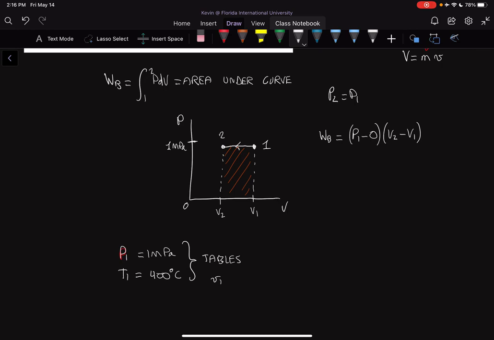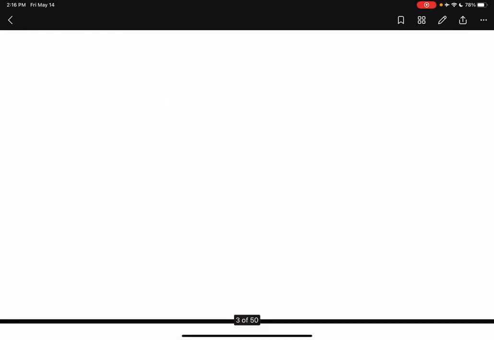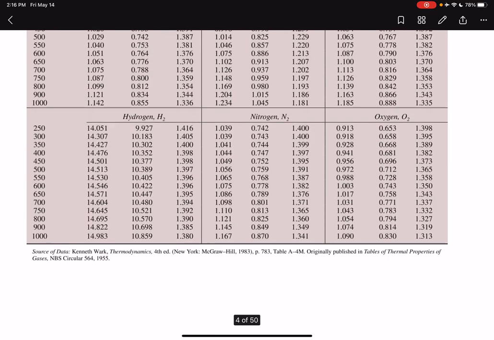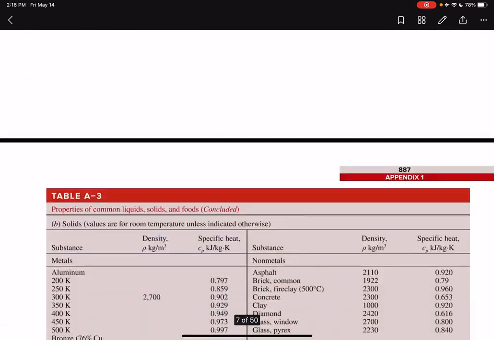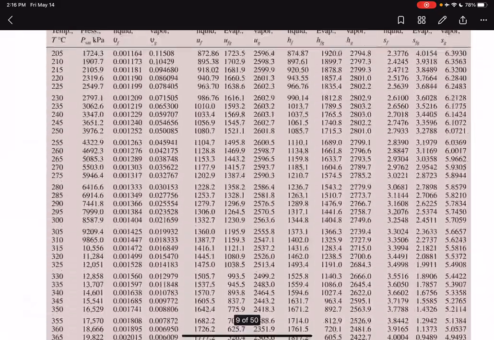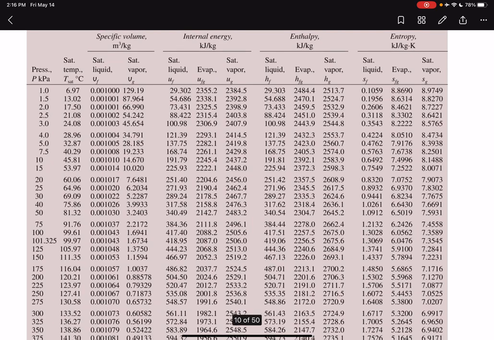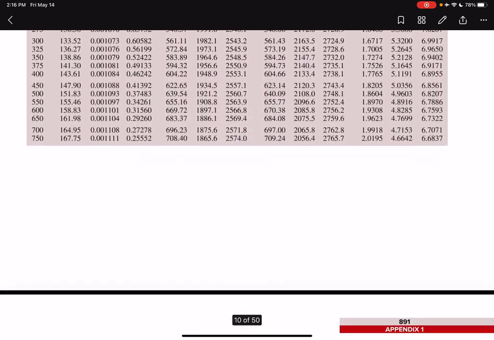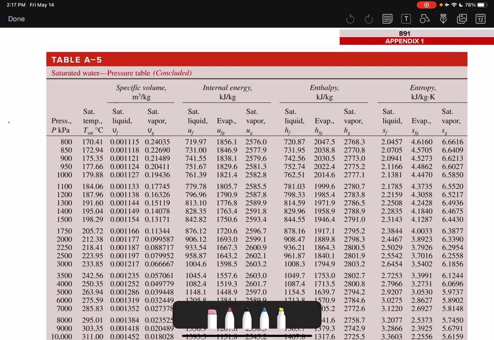So what table are we going to use? Well, we're going to start by going to table A4, A5. We have pressure and temperature, so we can go either to A4 or to A5. I like to go to table A5 because it's the pressure table and it gives us the saturation temperature. So if we go to the pressure table, we have 1 megapascal, which is 1,000 kilopascals. So it's right here.